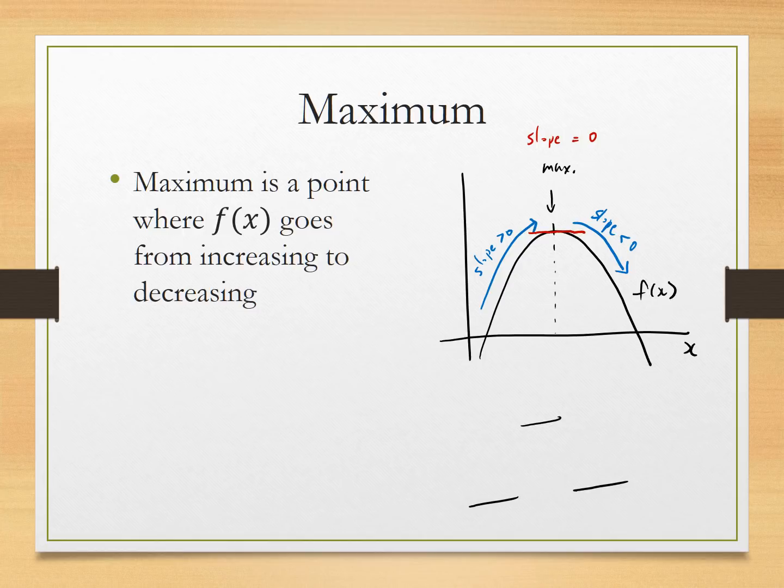So we're going to ignore these cases now. We're just going to focus on cases where we can use differentiation, and polynomials are one of them. They will look like this: maximum, increasing slope, decreasing slope, and slope is 0 at the point of the maximum.